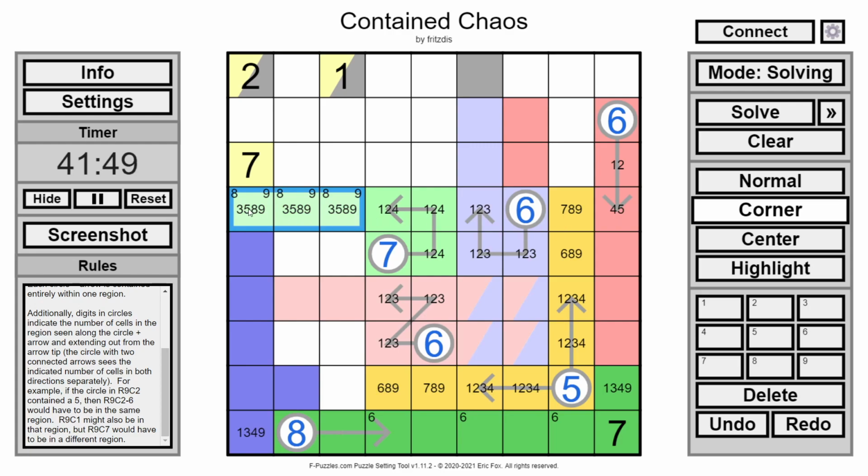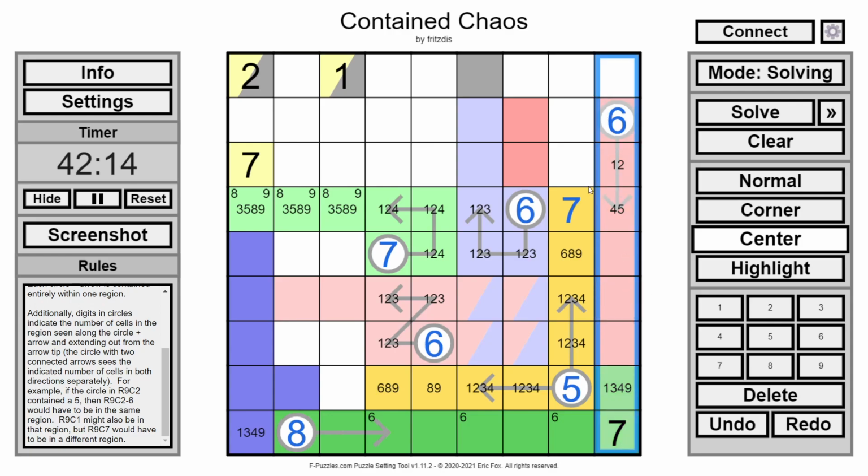Or another way we could have asked this, without even looking at this, is where can 7 go in this row? We have 7 ruled out of light green. These can't be 7, so this must be the 7. Which, okay, that's actually a good question too. We have this black digit that must be over here. But now, where does 7 go in dark pink?